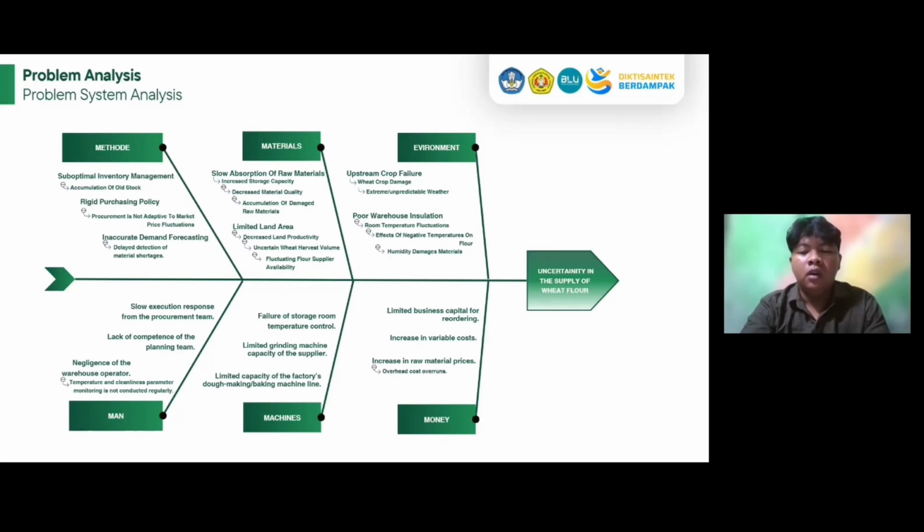These factors collectively affect the stability of raw material availability. And then, after identifying the root cause through the fishbone analysis, the next step is to examine the relationship among these variables using a causal loop diagram. Next.